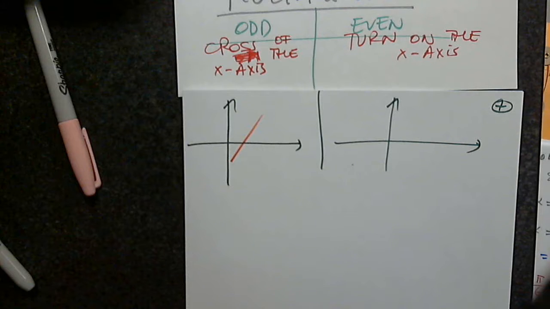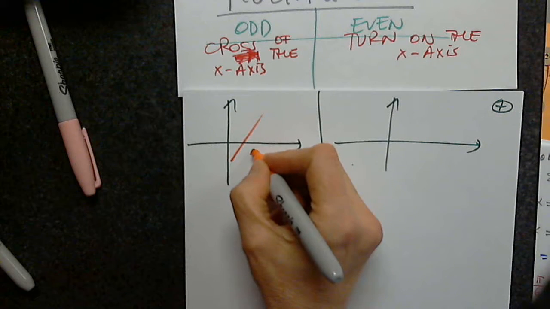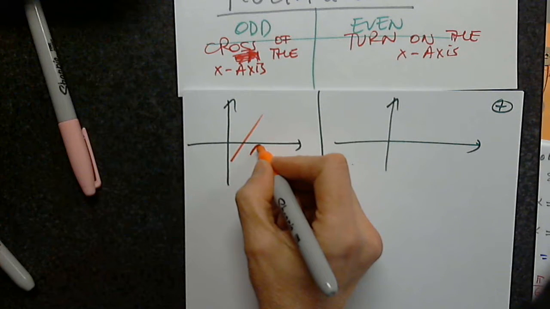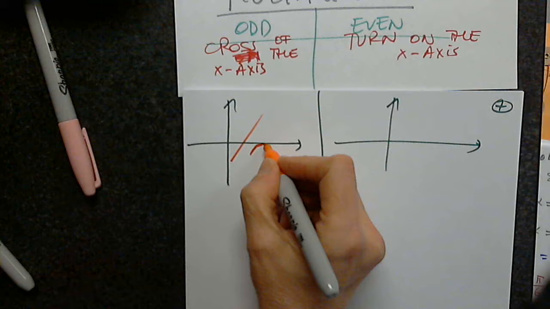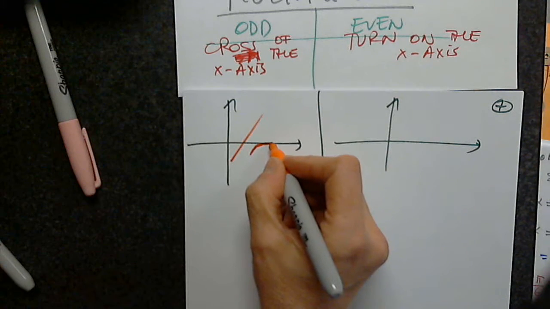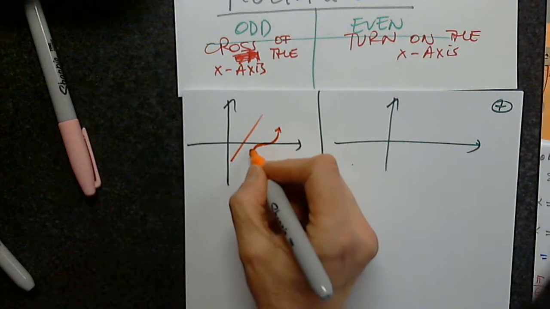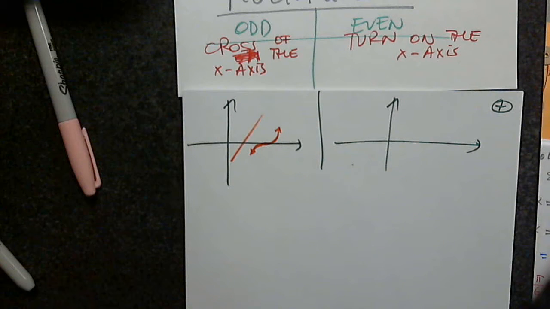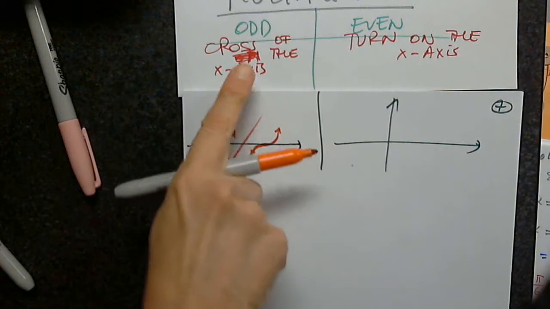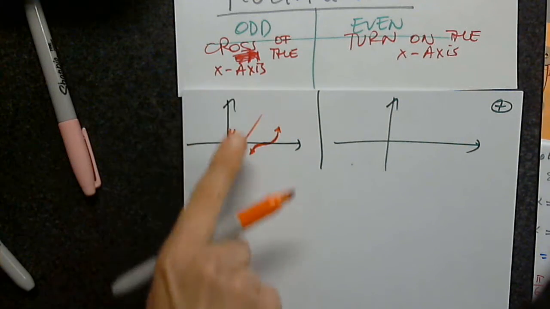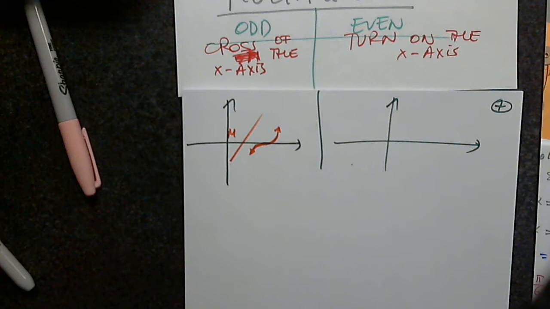What is the multiplicity here? 1. But look at this one now. What is the multiplicity here? And it cannot be 1. Can it be 2 if we are in odd? It crosses.